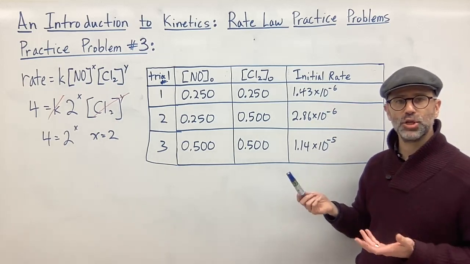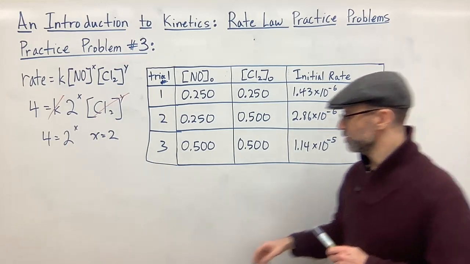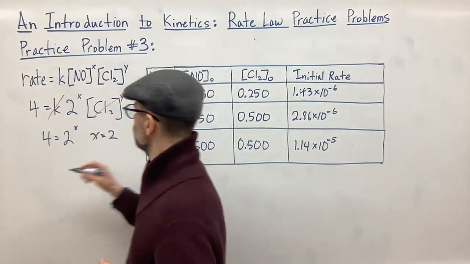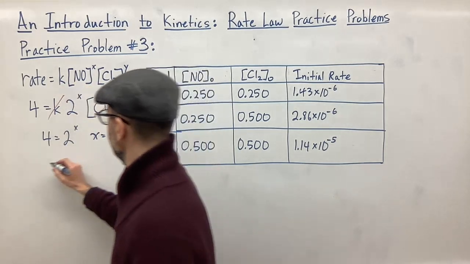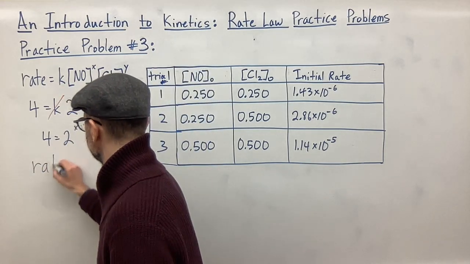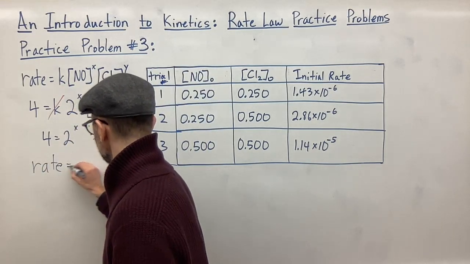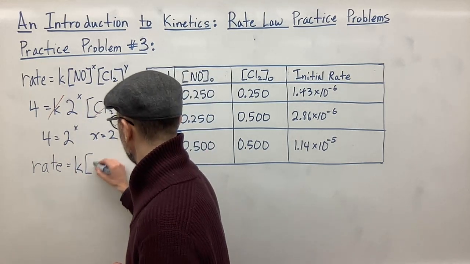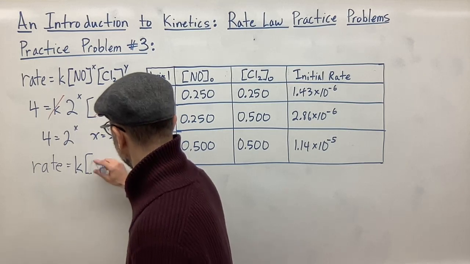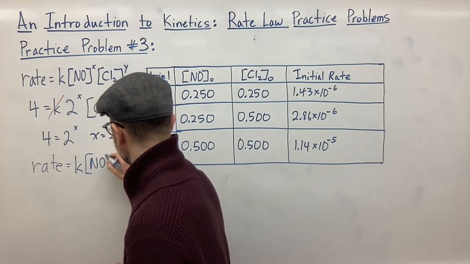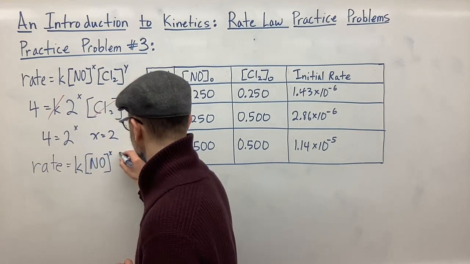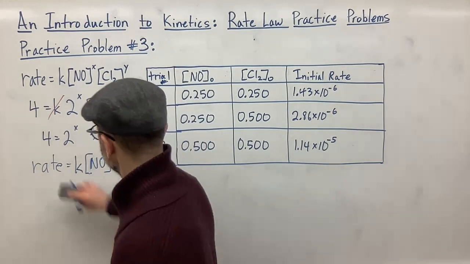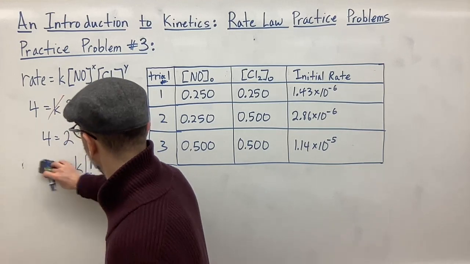So we're going to put a 2 in for both of those. So if we take our equation and rewrite it, for chlorine, the rate is equal to k, and then we've got NO. Since NO is constant in this one, NO to the X. And so the rate we said is 2.